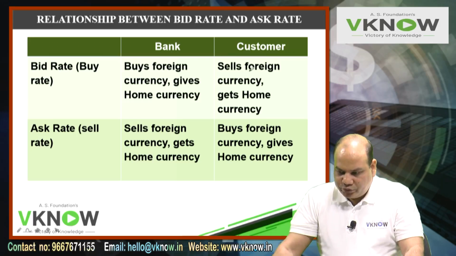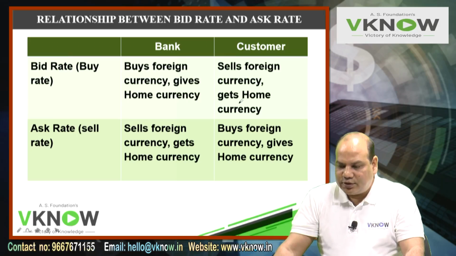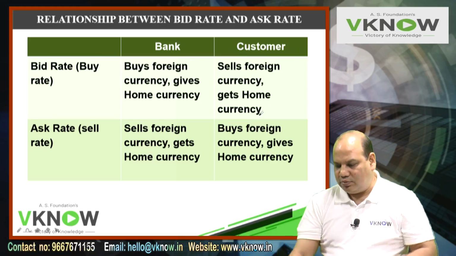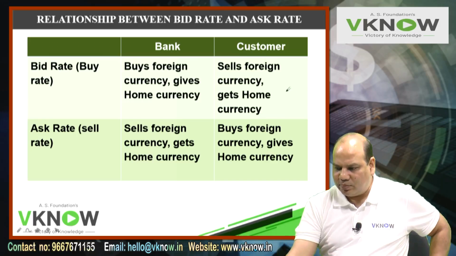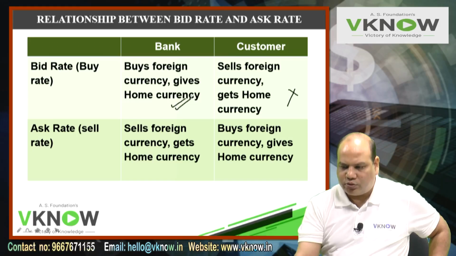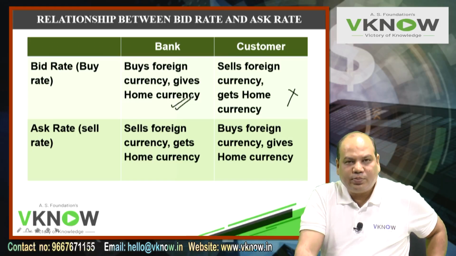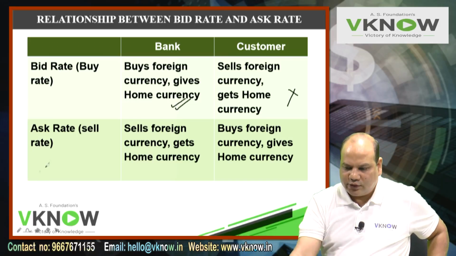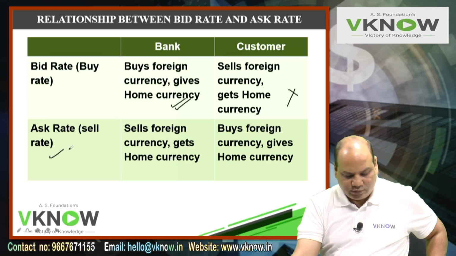Customer, look at the customer angle. The customer sells foreign currency. The customer gets home currency. But this is not important for us. Although in some books they will explain it from the customer angle, we will not follow this. In all the questions we will follow this rule: the rate is from the bank's point of view. In a bid rate, the bank buys foreign currency. The bank gives home currency.